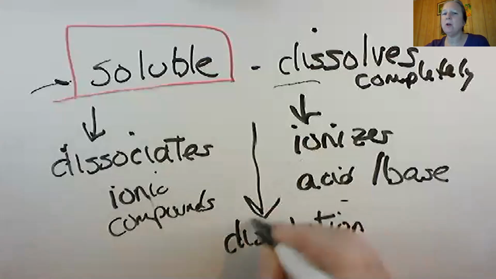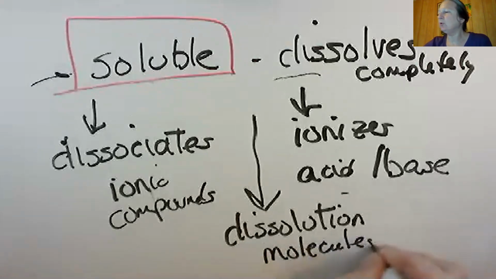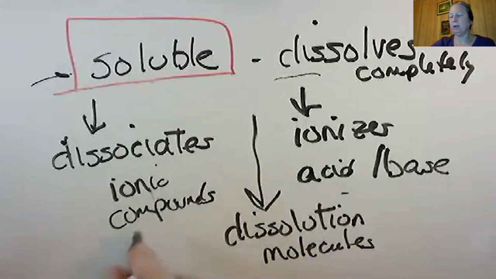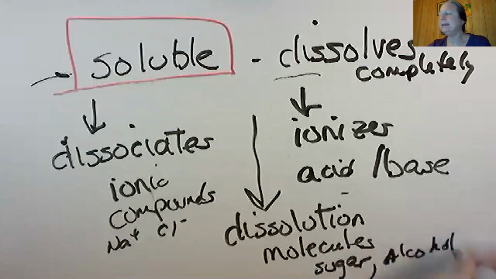This means it does not break apart into its individual parts and pieces like an ionic compound breaks apart into its individual ions. This will break apart into a sodium and a chloride ion surrounded by water. Your individual molecule, alcohol, gets surrounded by water, but it does not break up into its constituent carbons and oxygens and hydrogens.